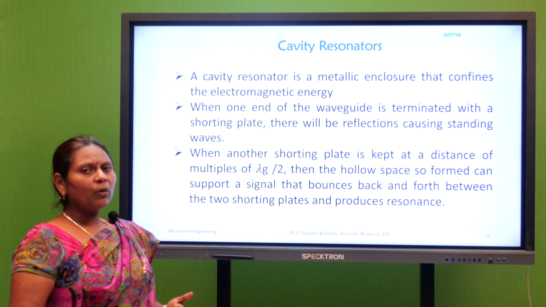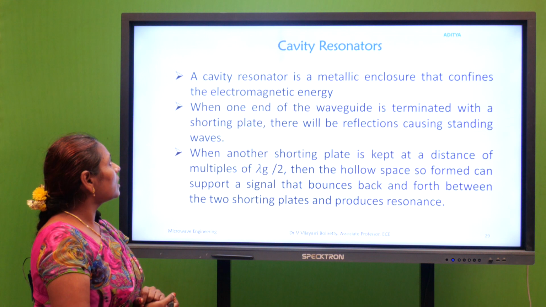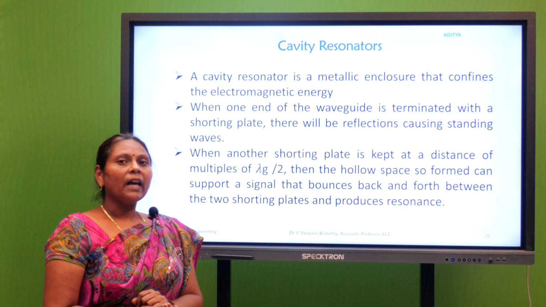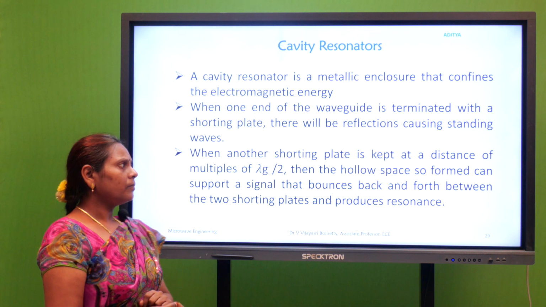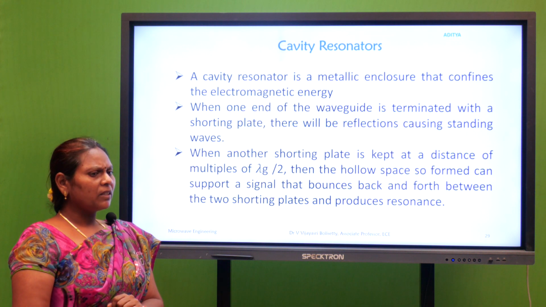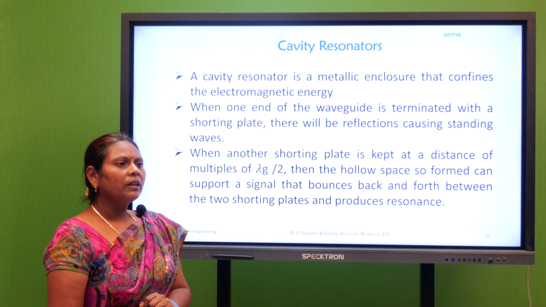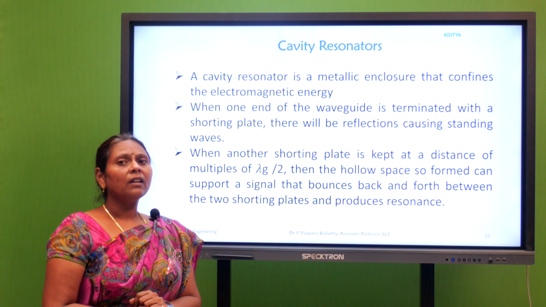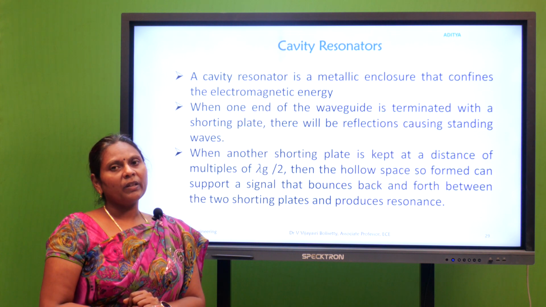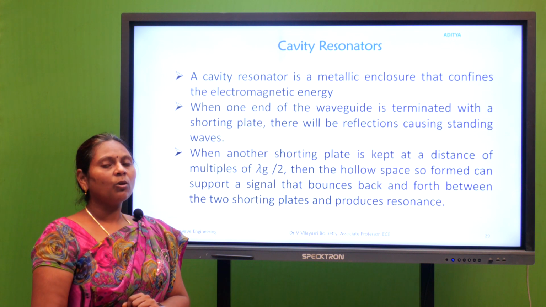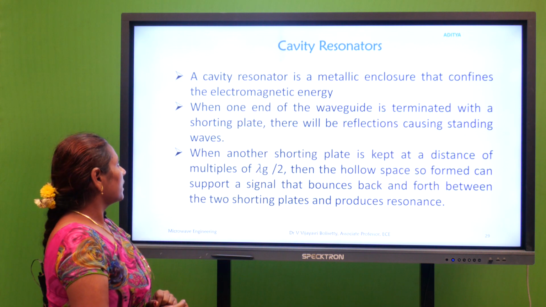Like a waveguide, it is also a metallic enclosure which holds electromagnetic energy. Depending on the shorting plate distance and the dimensions, it may be inductive or capacitive, and it holds the electromagnetic energy.